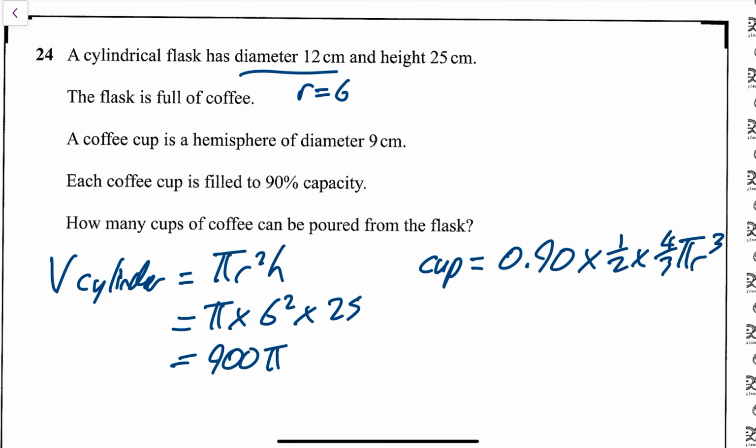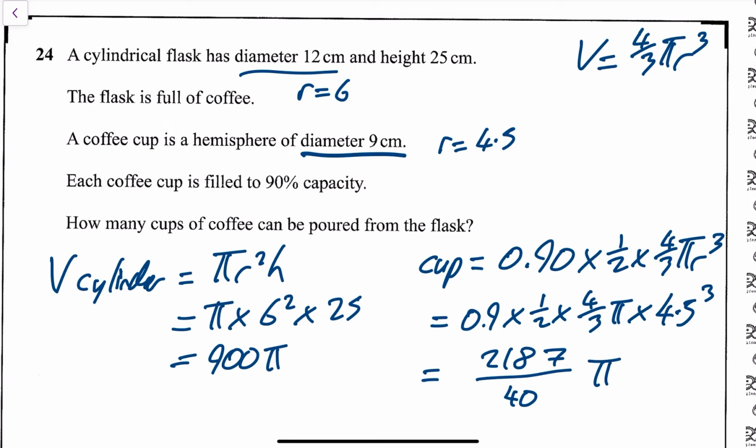So a hemisphere, half of that, and it's only filled to 90%, so that's times 0.9. Let's just do that horrible mess: 0.9 times a half times 4 over 3 times pi times 4.5 cubed. What I got, it's ugly, but I'm going to use it, is 2187 over 40 times pi.